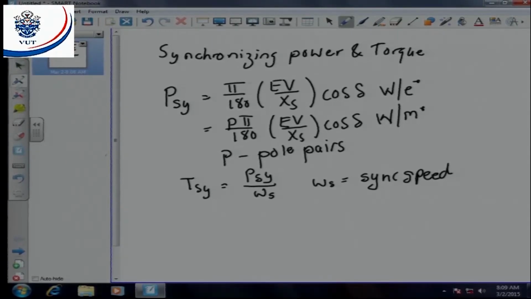If the armature resistance is not neglected, P_s is equal to EV over Z_s cos(beta plus delta) times d delta, where beta is the internal impedance angle.